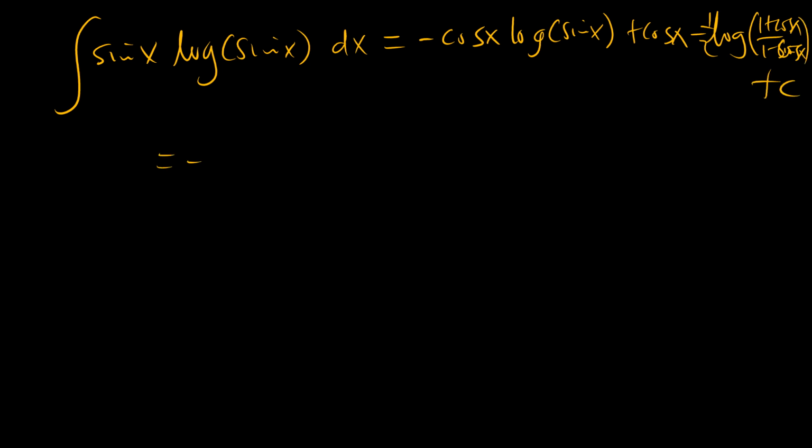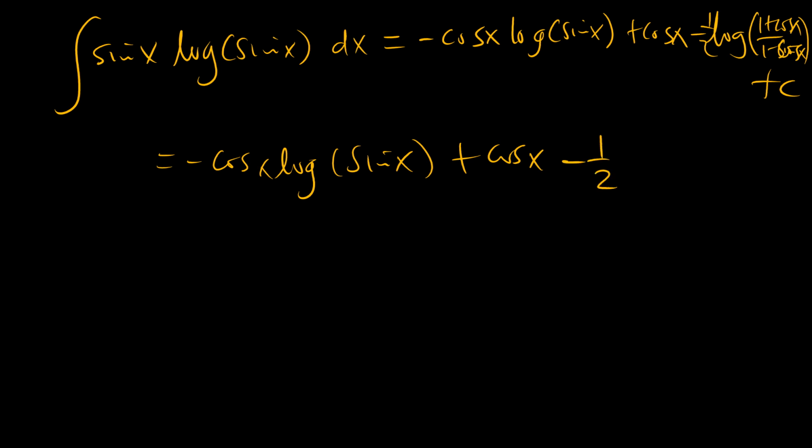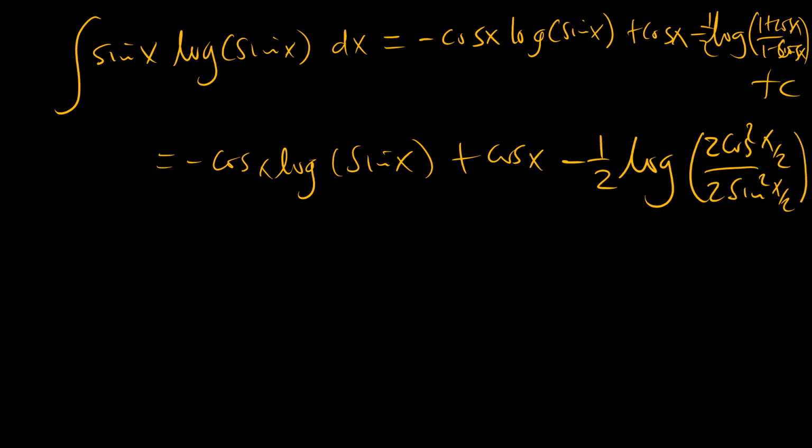which is the same as negative cosine x log of sine x plus cosine x minus a half log of 1 plus cosine x, which is the same as 1 plus 2 cosine squared x over 2 minus 1, becomes 2 cosine squared x over 2 over 2 sine squared x over 2.